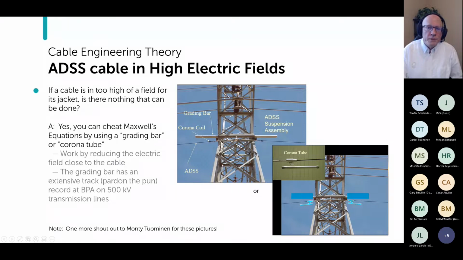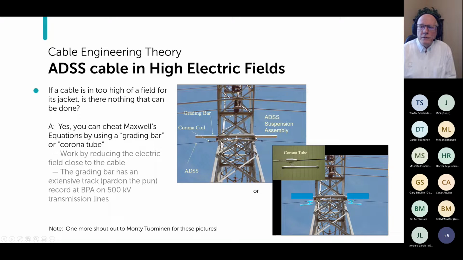So this picture comes from a BPA structure. And again, another shout out to Monty because he gave me this picture and explained this concept to me some time ago. So what BPA did here is they've attached an ADSS, this is a plain old AGS type suspension unit with corona coils. But out here, the field strength was still too high for the jacket.